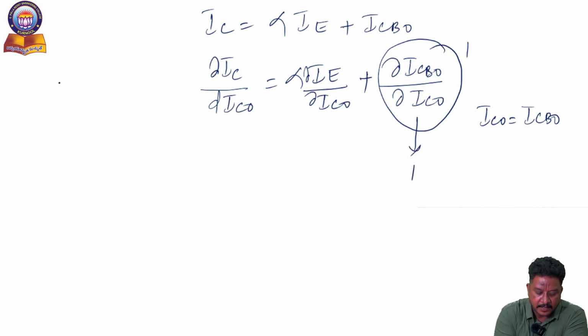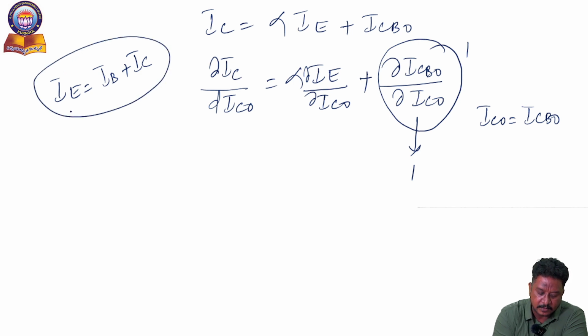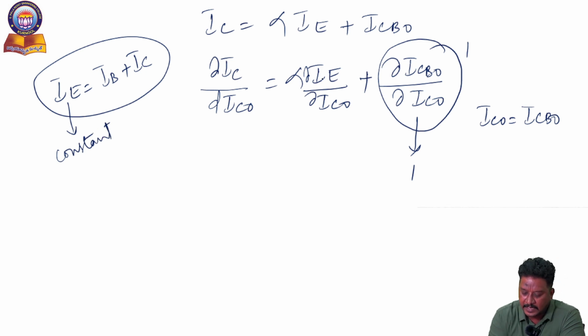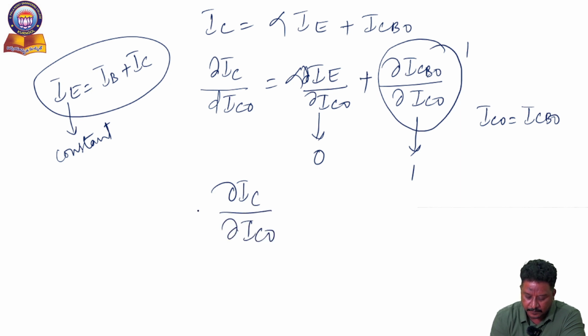In IE plus IB plus IC, from the transistor equation, we conclude that IE is constant. It is a fixed value. Differentiating the constant, the value is 0. Then differentiating IC with respect to ICO is nothing but the stability factor, and this stability factor is equal to 1.